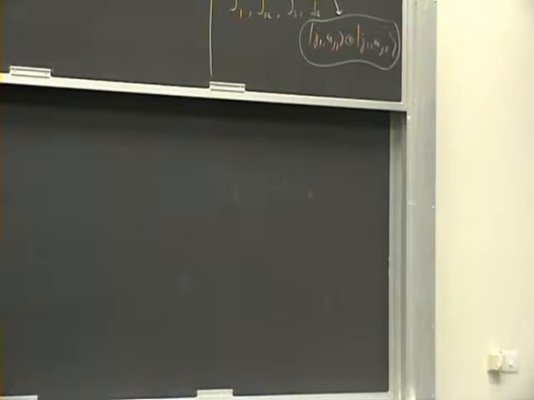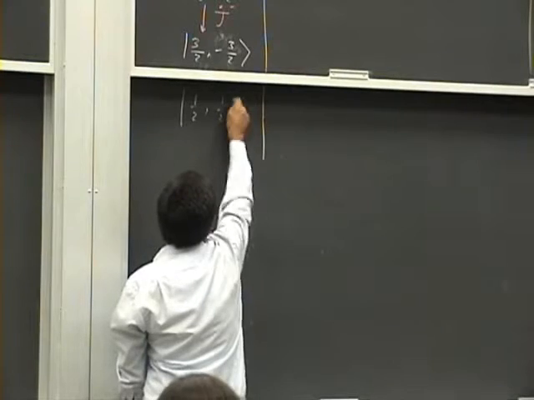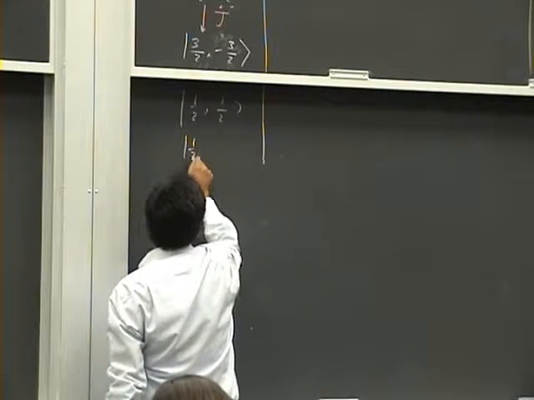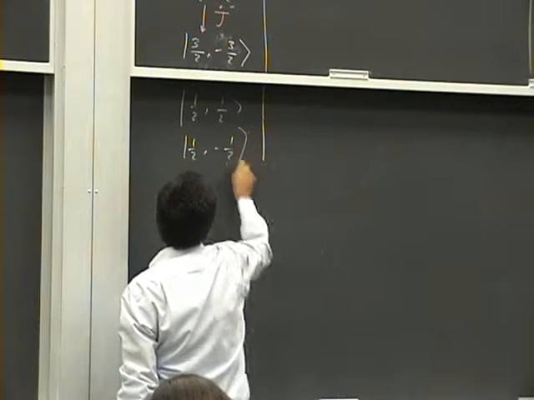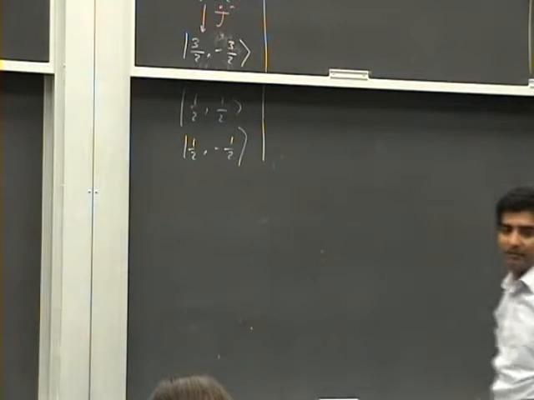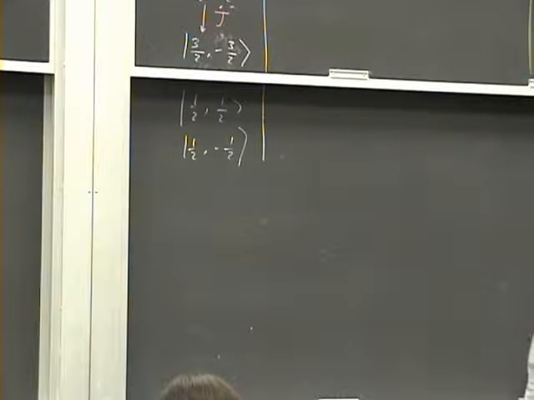The other 2 possible states are half, half, and half, minus half. Okay, so these are the 6 possible states which span the entire Hilbert space.